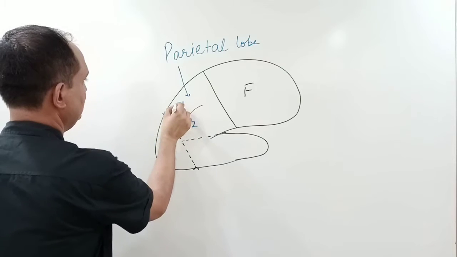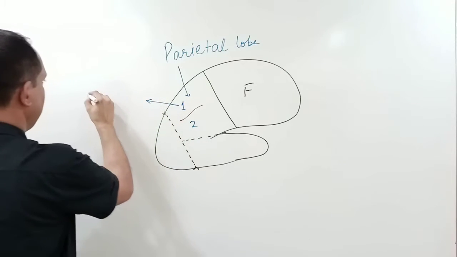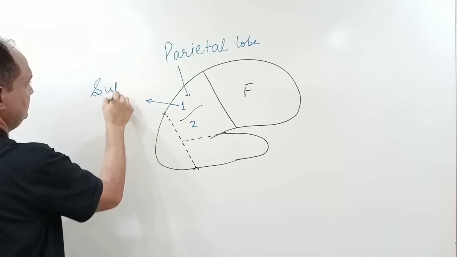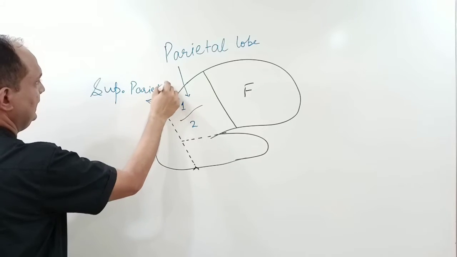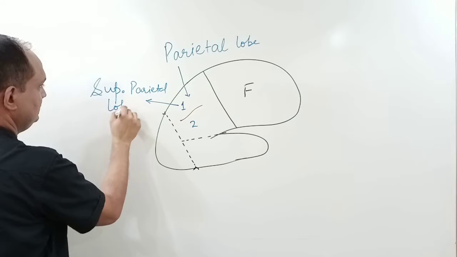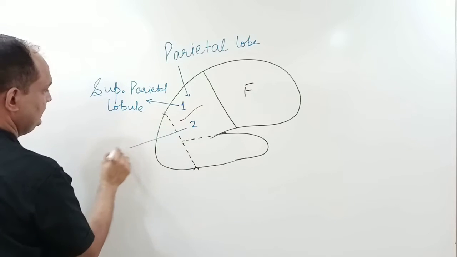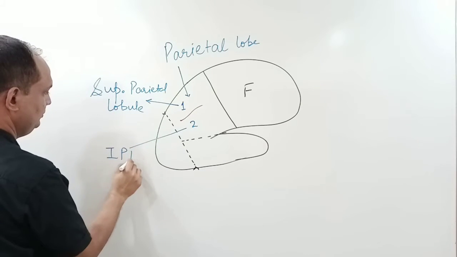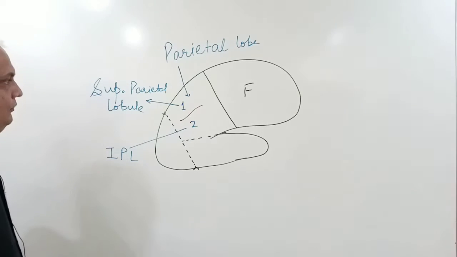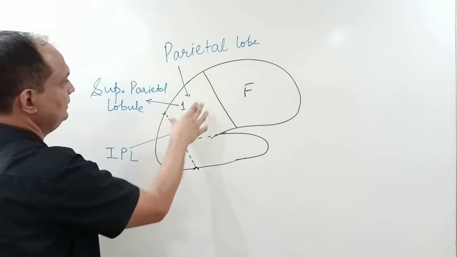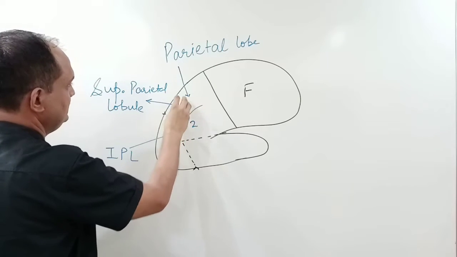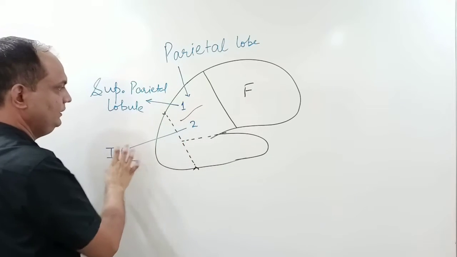The upper part is known as the superior parietal lobule, and the lower one is known as the inferior parietal lobule. So the posterior part of the parietal lobe has the superior parietal and inferior parietal lobules.